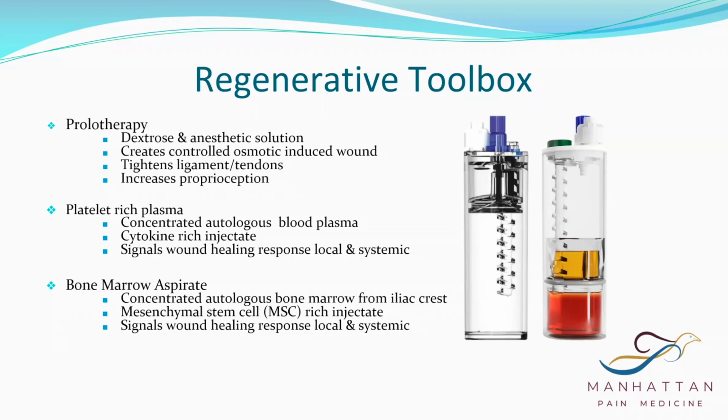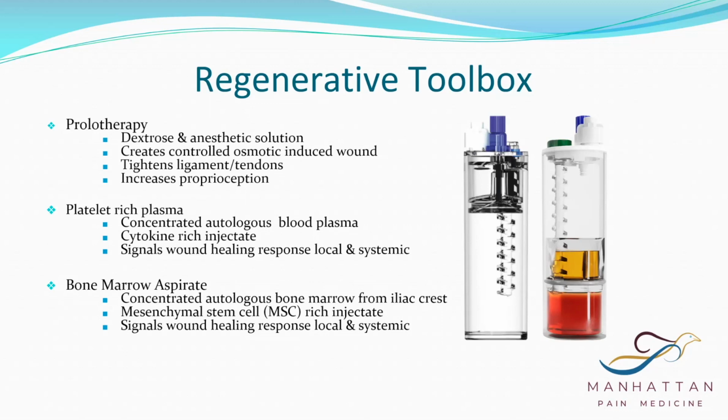And when there is tightening of the ligaments, that helps increase the proprioception within that joint. So it helps the patient move better, know where they are, and be able to do better physical and occupational therapy, as well as prevent injuries due to the ability of moving better.